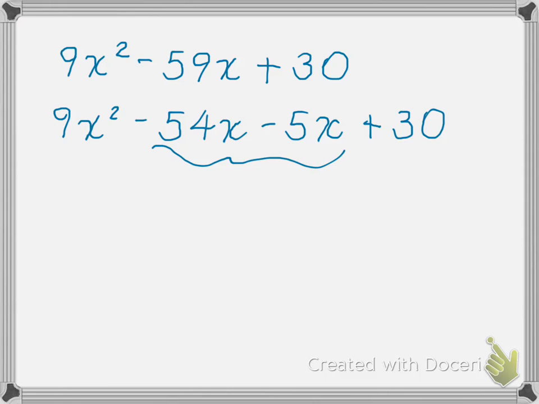These were the numbers, this number and this number, that multiplied to give us AC and summed to give us the B. Now that we have 4 terms, we can factor by grouping. Now this problem is tricky here as well. We're going to group the pairs of terms and then take out a common factor.